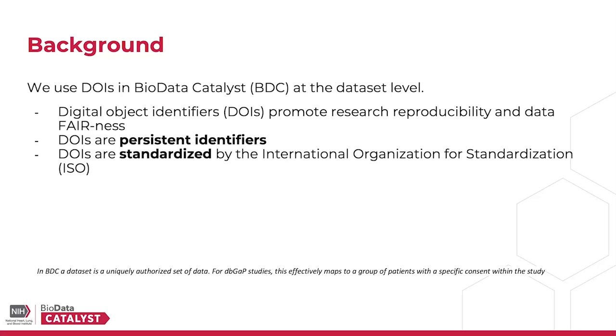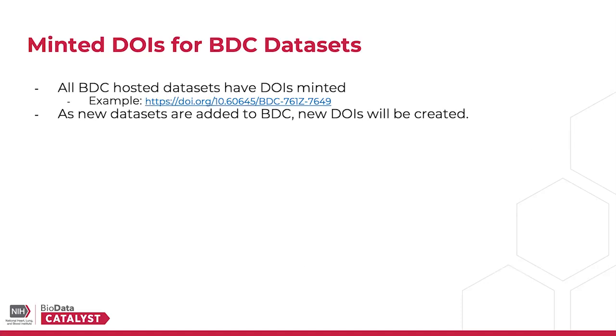They are a standard that was certified by the International Organization for Standardization. I don't have the ISO number here listed, but if you're really curious about it, you can check it out on Google or on the ISO page later.